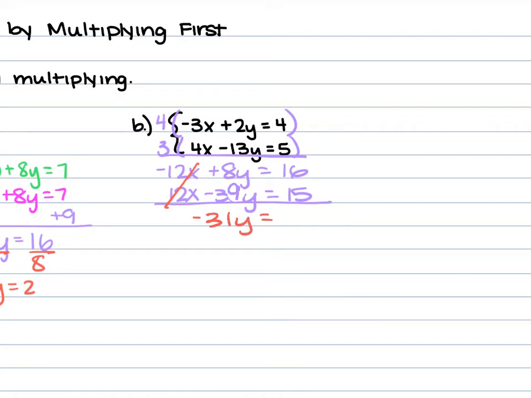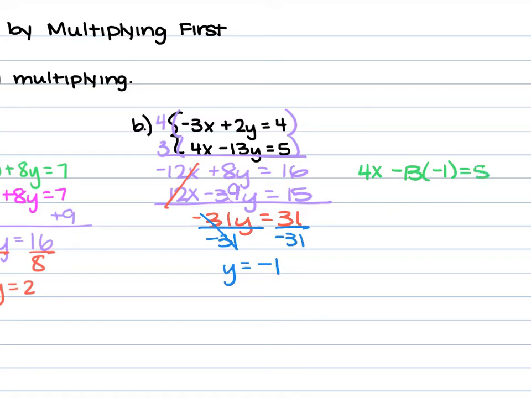And then we have 16 plus 15, which is 31. We divide each side by negative 31, and we get that y is equal to negative 1. We're going to plug this into one of the originals. I'm going to use the bottom one in this case. So I'm going to have 4x minus 13 times negative 1 is equal to 5.